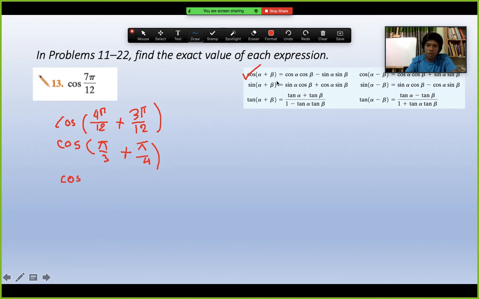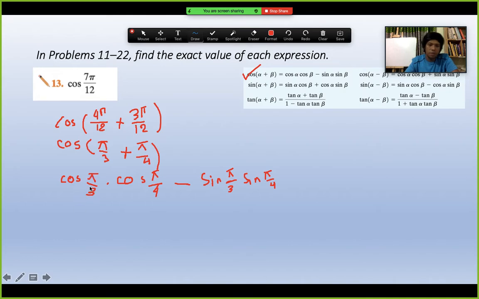That means cos alpha cos beta first of all. So cos alpha means this, then cos beta means this, then minus sin alpha sin beta. So sin alpha, then sin beta.